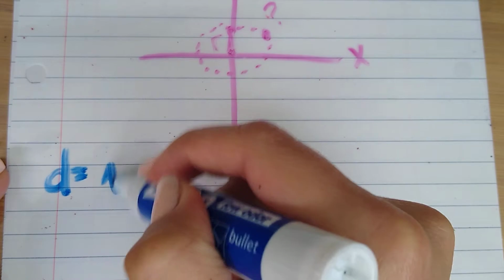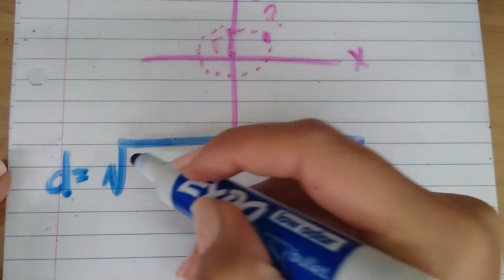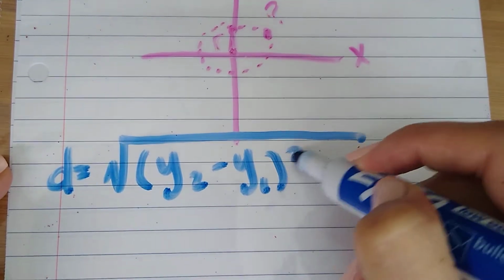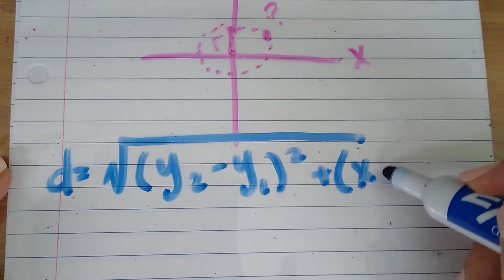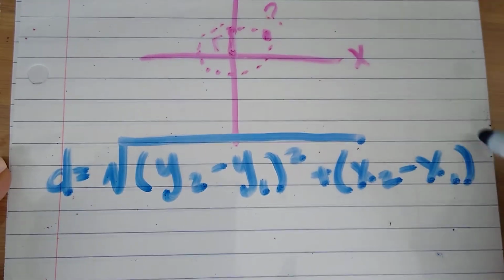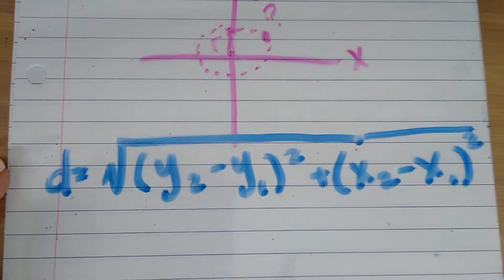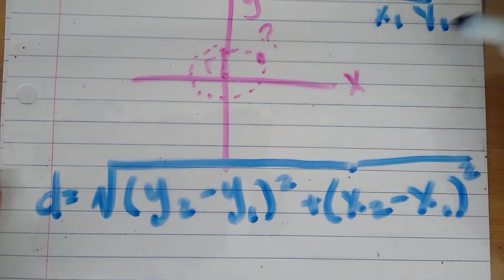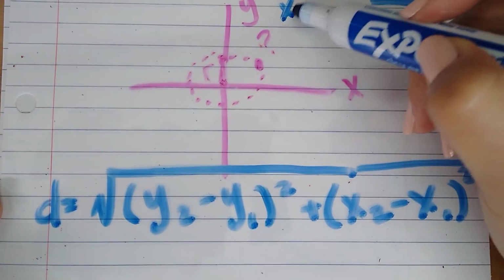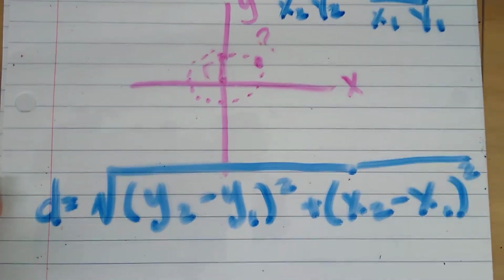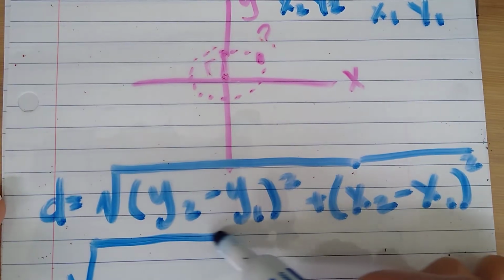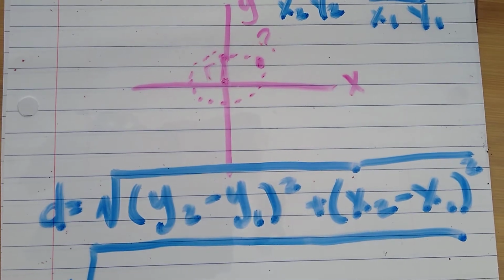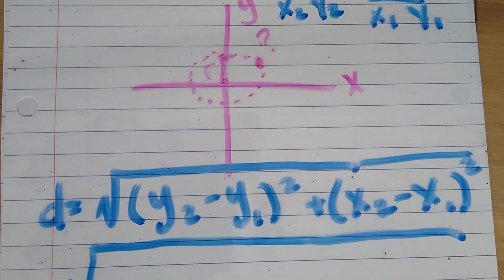So distance equals square root, again, y2 minus y1 squared plus x2 minus x1 squared. Okay, now I'm just going to go ahead and say this is x1, this is y1, this is x2, this is y2, and plug these values in. Alright.